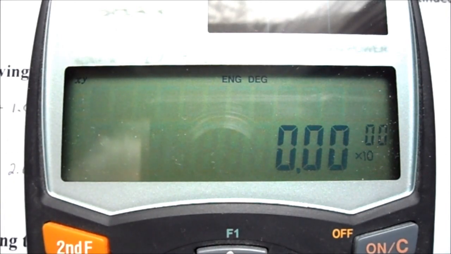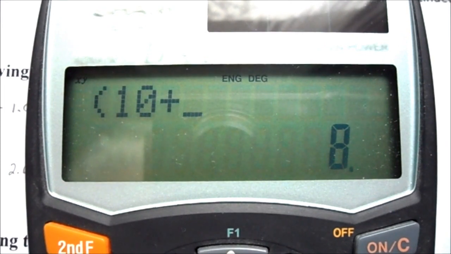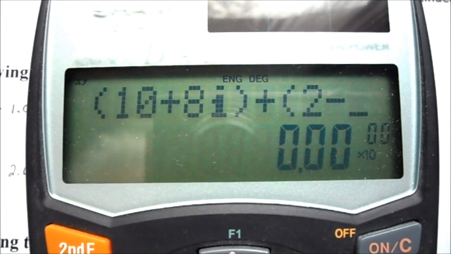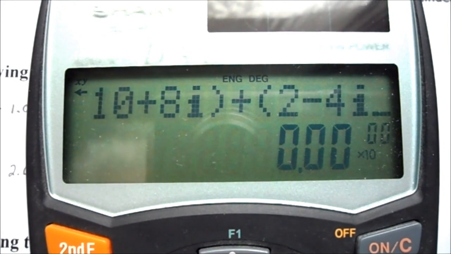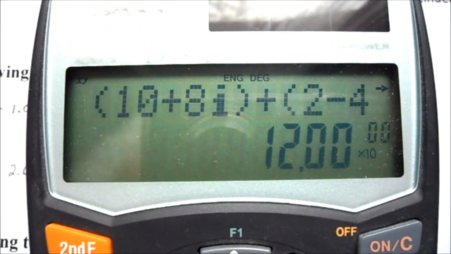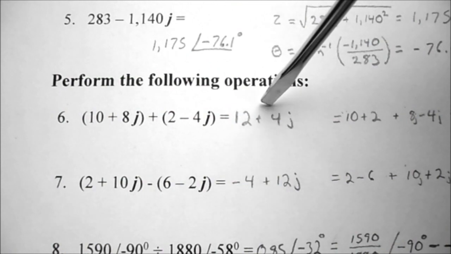Now to add those two numbers together, I'm going to put in a bracket, 10 plus 8i, close bracket, plus bracket 2 minus 4i, close bracket, equals. So you can see the answer is 12. And then I'm going to press second function, exponent. So it's 12 plus 4i, which is the answer we've got under Procedure, Step number 6.